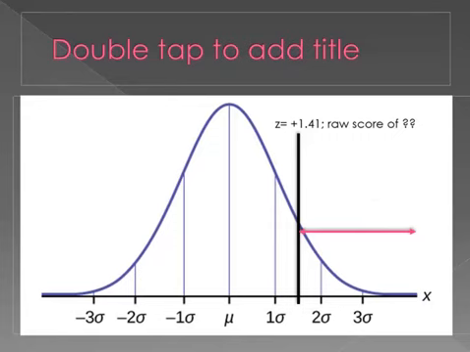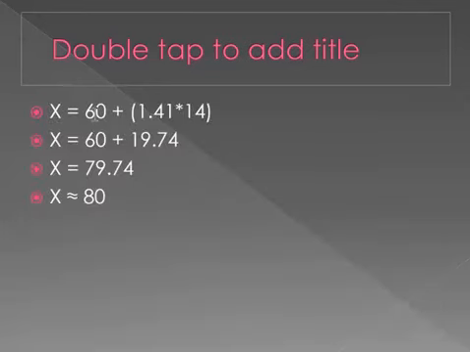We know the population standard deviation is 14. And we just found the z-score for our new cutoff score. So we can insert all of that into our equation: mean plus z times the standard deviation. If I insert those things, I get a score of 79.74. Again, it makes sense to round up in this case, so our new cutoff score is going to be 80.